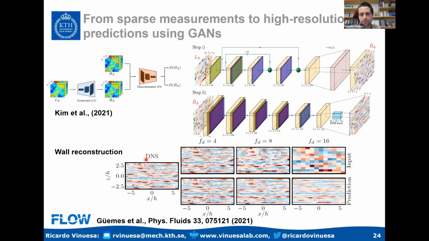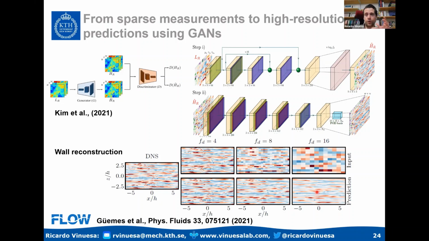What you can actually see is that the data in the prediction looks very realistic. Not only that, in the low downsampling case, the agreement is pretty good with the reference, but even in the high downsampling case, I mean, this is a very, very coarse input, the streaks are where they need to be. They have the right length and the right spacing in the spanwise direction. They are just slightly attenuated.